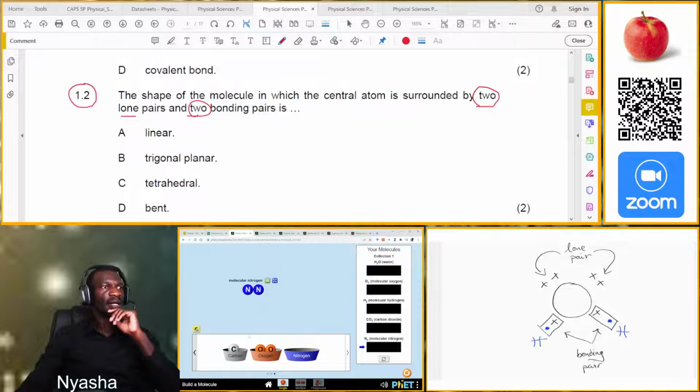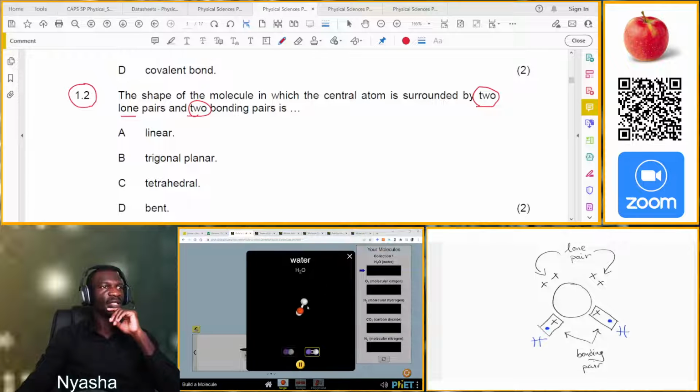Right. Here, can we make water here? Yes, we can make water. So let's just see how it will look like. That's our hydrogen, that's our second hydrogen, so that's our water molecule.